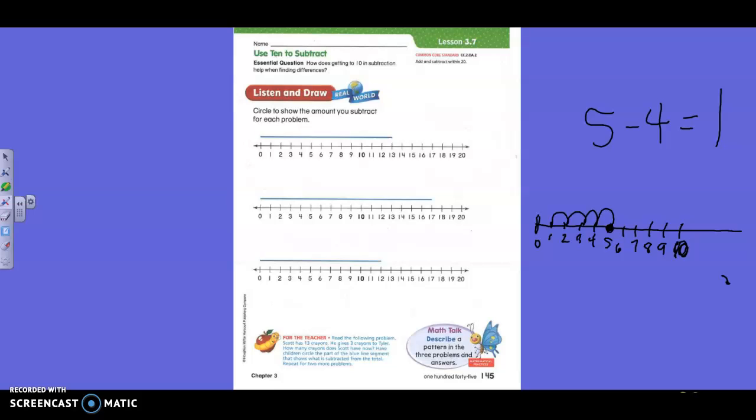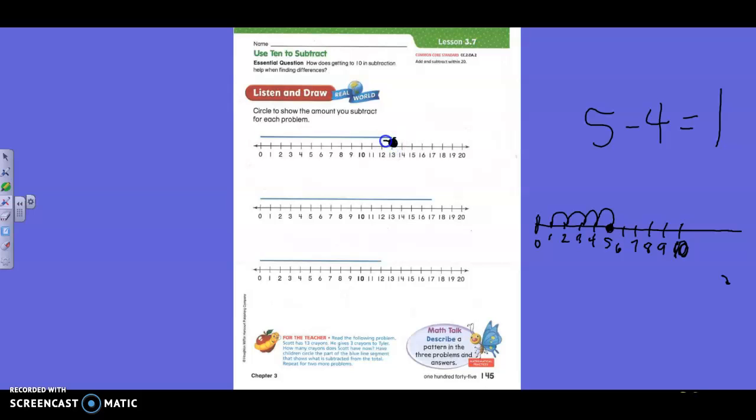That blue line goes all the way to 13. Put a dot on 13, because that is the number he started with, right? Yes. Now it says to put a circle around the blue thing that is subtracting the amount. How many is he giving away? 3.